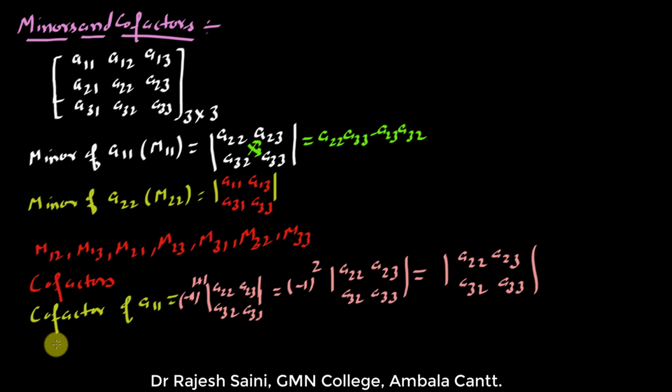Similarly, let us determine the cofactor of A12. The first subscript represents the row number, which is 1, and the column number is 2. So leave row 1 and column 2. The rest elements are A21, A23, A31, A33.